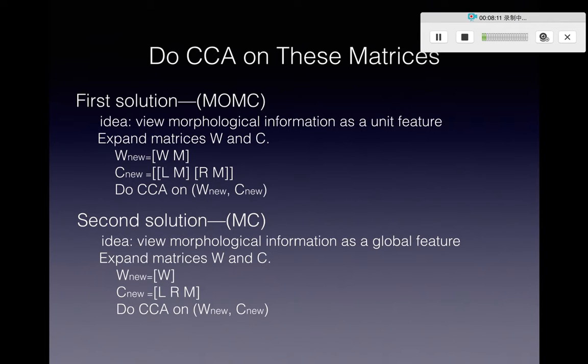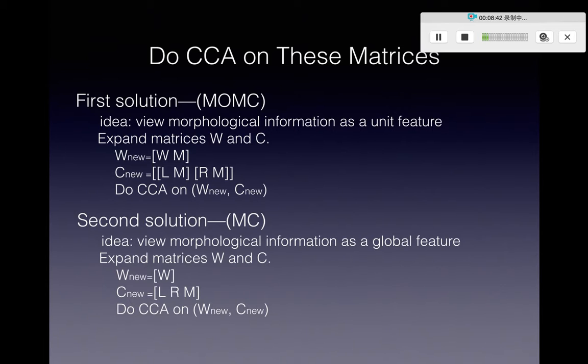The second solution is named MC. The basic idea of this model is that we view morphologic information as a global feature, which means the morphologic information is viewed as a kind of context information. So we expand the matrices W and C like the following equation shows.